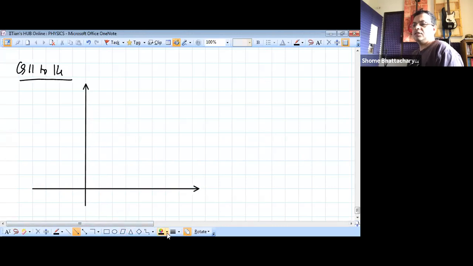So in the diagram, you can see that the vectors A, B and C are given like this. A is a vector of magnitude 10 at an angle of 60 degrees.